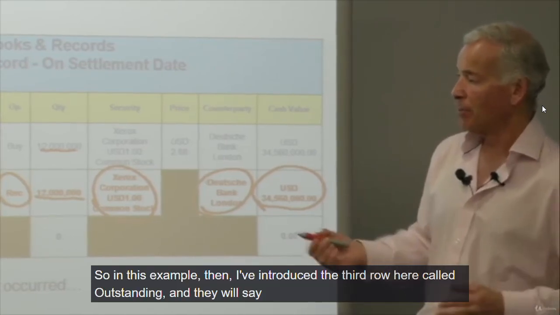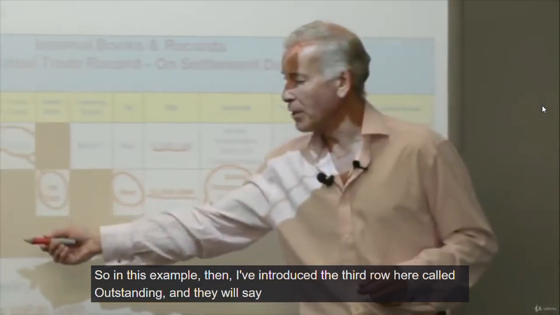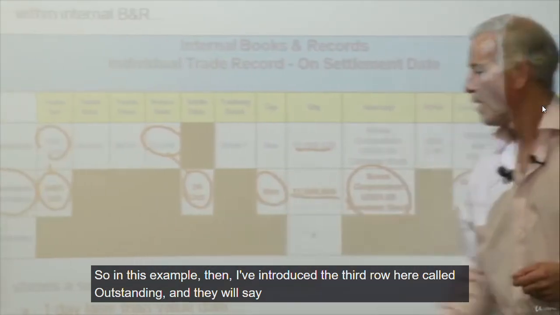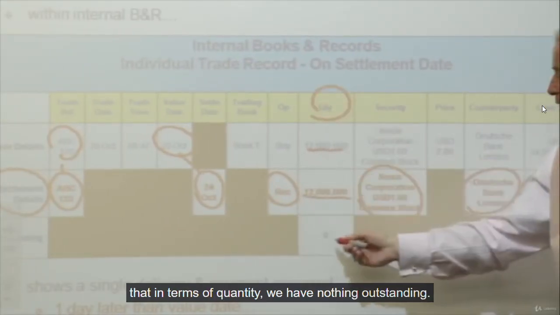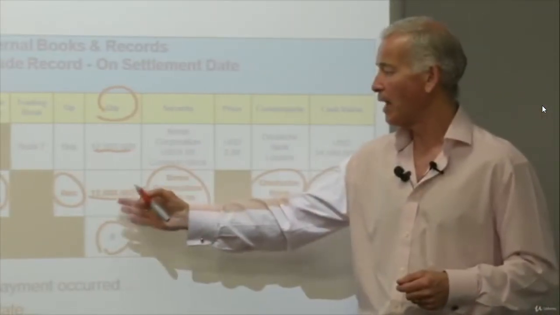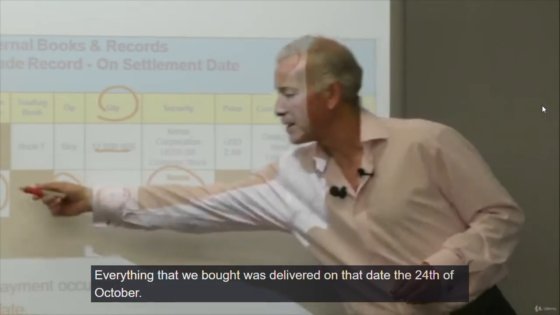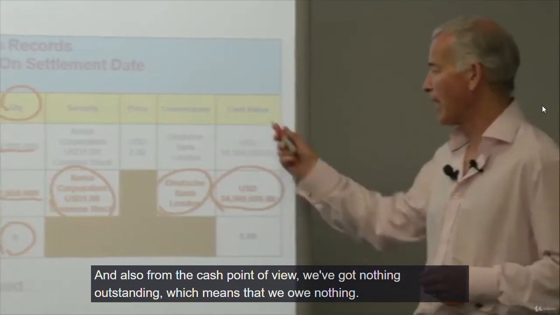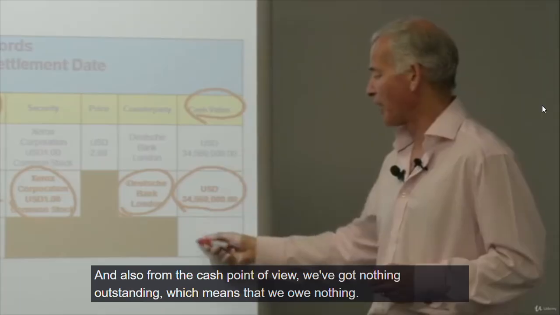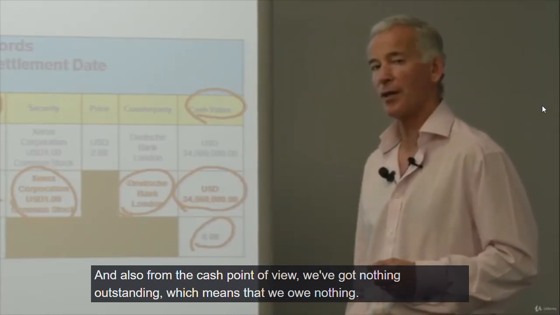So in this example, I've introduced a third row here called outstanding, and there we will see that in terms of quantity we have nothing outstanding. So everything that we bought was delivered on that date, the 24th of October. And from the cash point of view, we've got nothing outstanding, which means that we owe nothing.